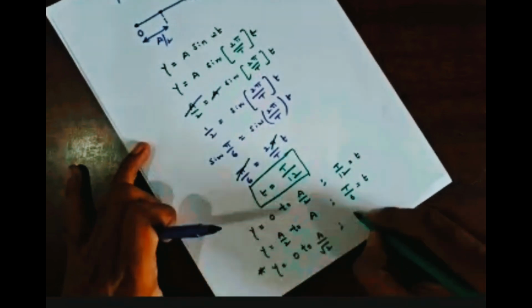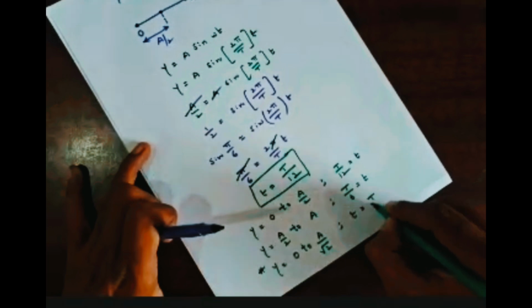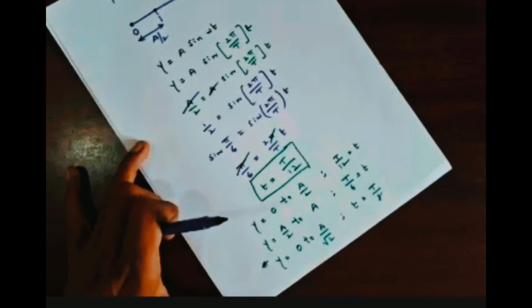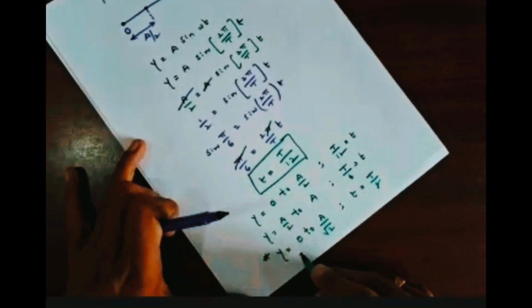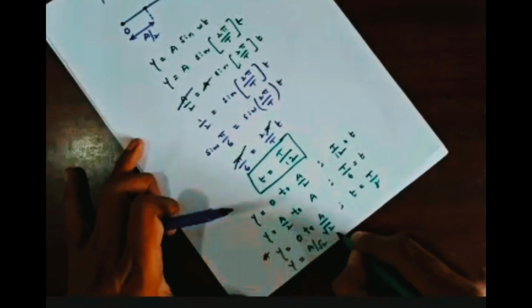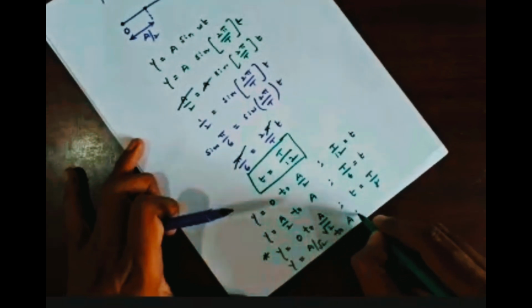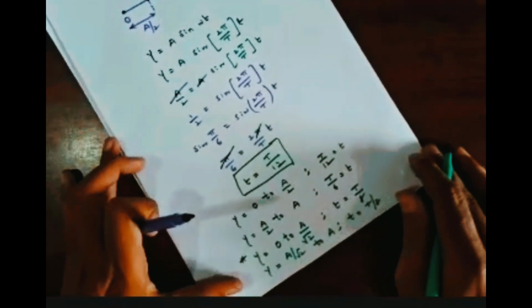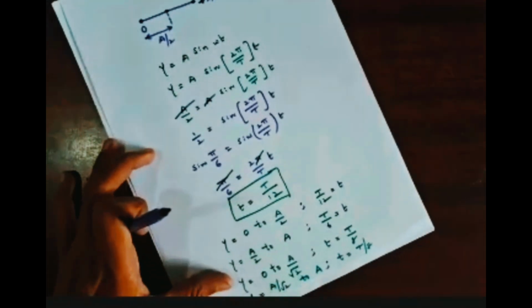For traveling this distance, the time taken by the particle is T by 8. And again from a by root 2 to the amplitude a, what is the time? The same time it takes, T by 8.